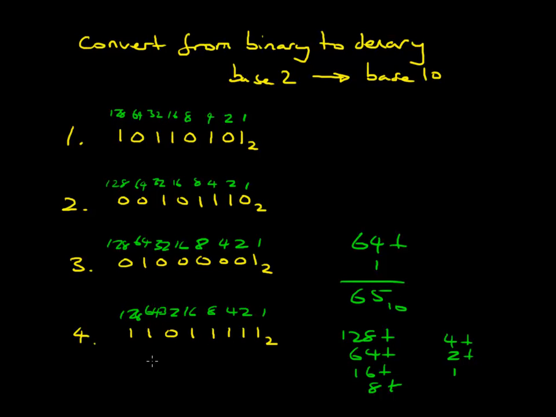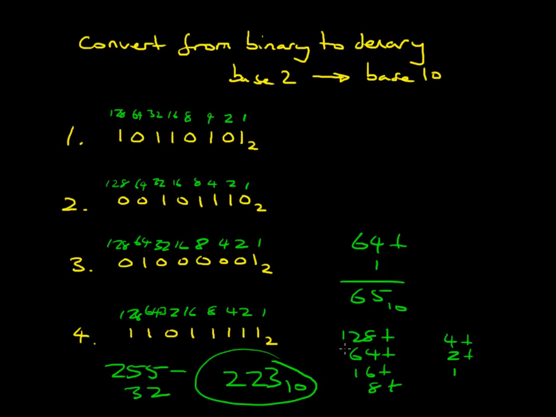So we know if all of these were full, that would be 255, but we don't have the 32, so it's actually 255 minus 32. And so that gives us a remainder of 223, so it's 223 in base 10. And if you're not convinced at that number there, then add up all of these numbers over here and it should equal the same value.